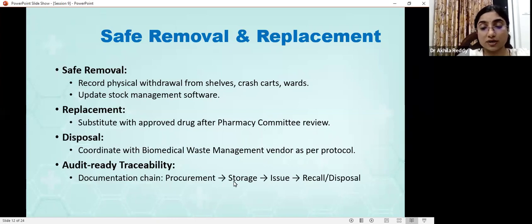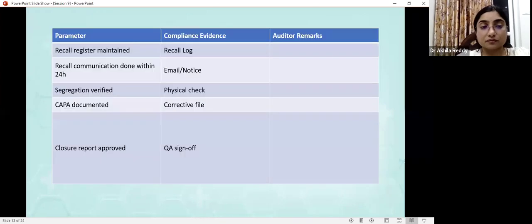The procurement is not allowed first of all, it is not being stored, it is not being issued. And the drug recall or disposal protocol is also there to create the evidence, to show the evidence for all the above flowchart. That is the reason we must keep the document of audit traceability.